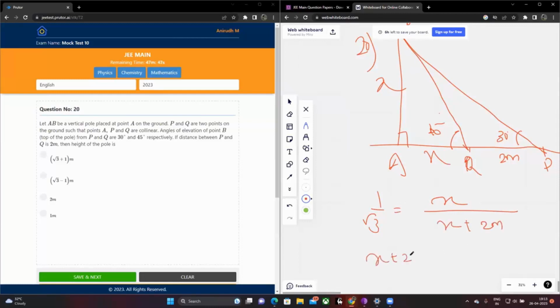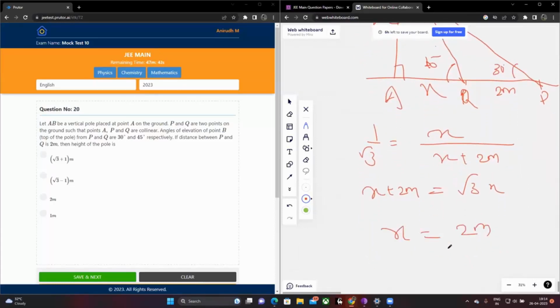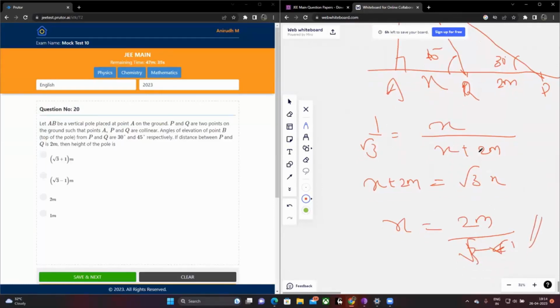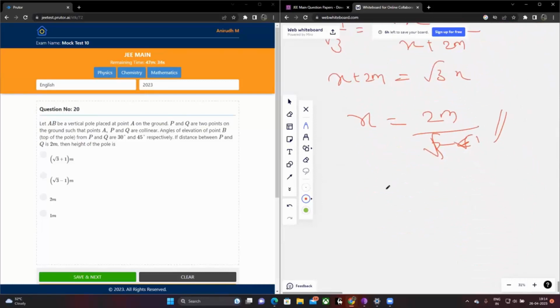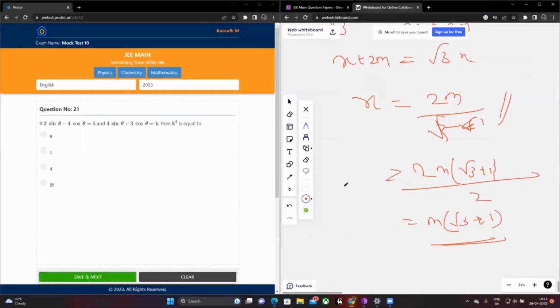So x plus 2m is √3 x. x is 2m divided by √3 minus 1, right? Simplifying, this is 2m times √3 plus 1 divided by 2, which is m times √3 plus 1.